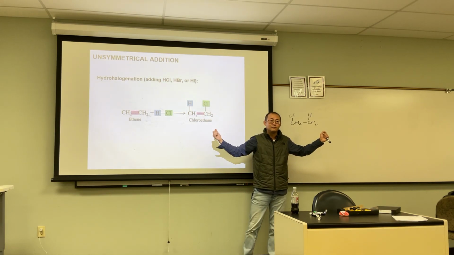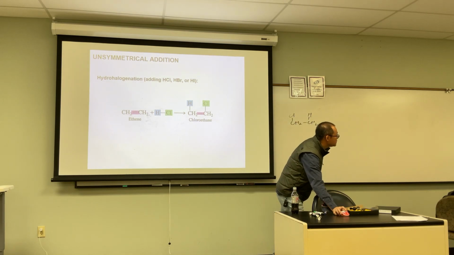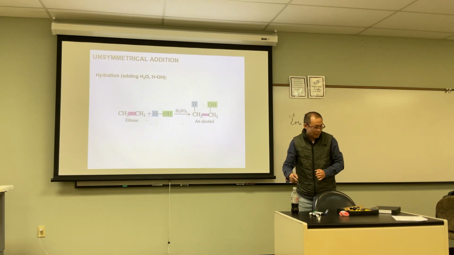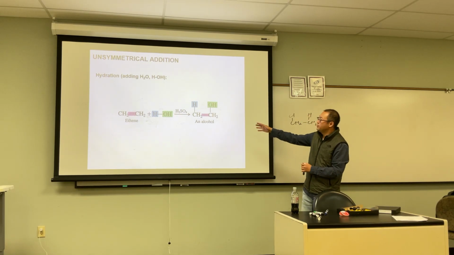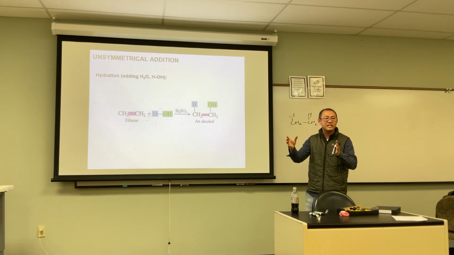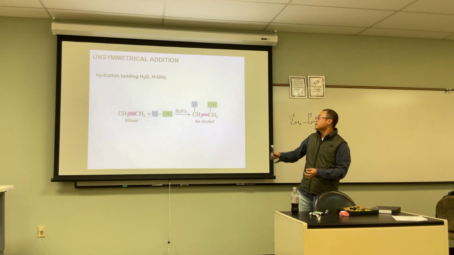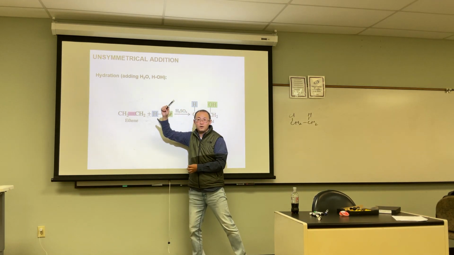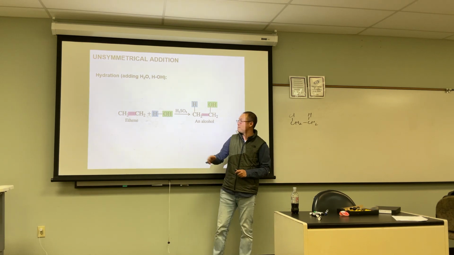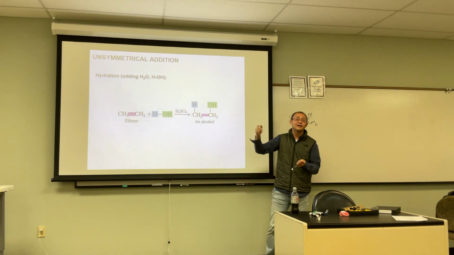Does it make sense? But in some cases, this is the fourth reaction, very similar to the third one. Instead of adding HCl, HBr, here we're adding water. Water can be written as H and OH. So that means you're adding H and OH.